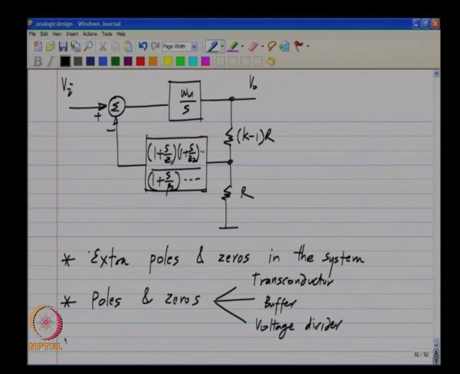But for the sake of convenience in analysis, we will club all of that into a set of poles and zeros in the feedback path.